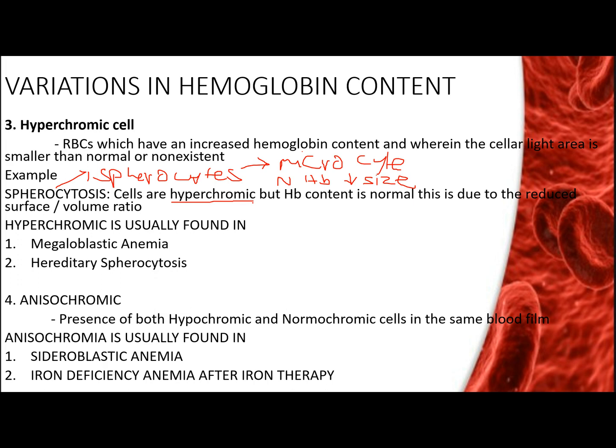Your spherocytes are a type of microcyte. They are hyperchromic because they would have a normal hemoglobin content but a reduced cell size, making them appear hyperchromic. Now, hyperchromic is usually found in megaloblastic anemia and hereditary spherocytosis.